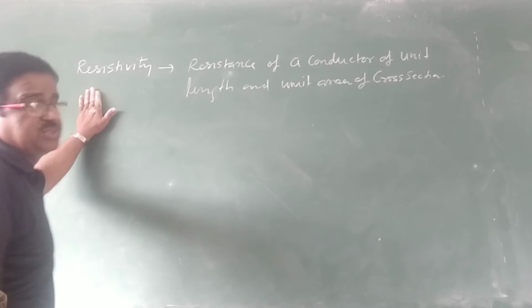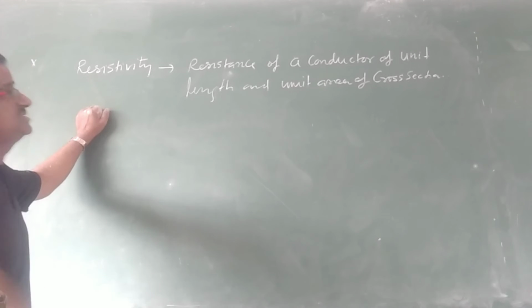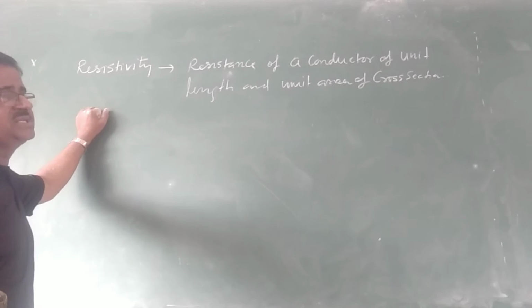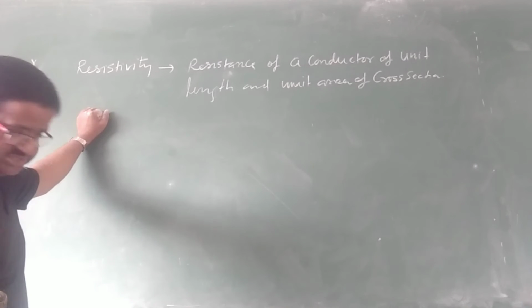Resistivity is the resistance of a conductor having unit dimension, unit length and unit area of cross section.